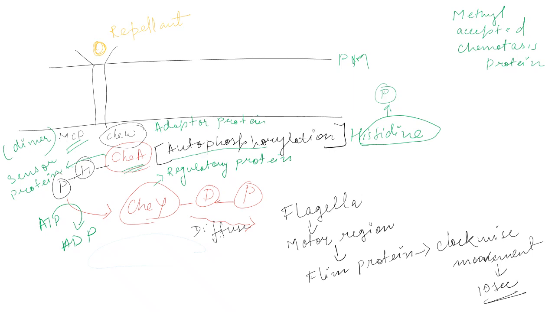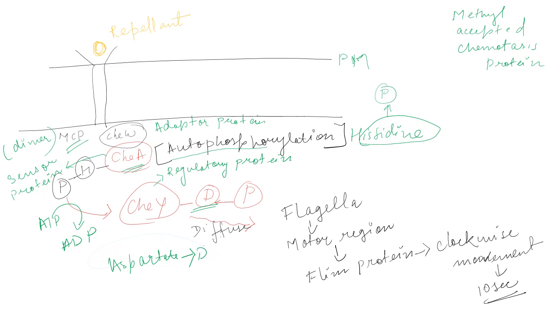Now this CHEY, which is a regulatory protein, has a specific amino acid, that is aspartate. The symbol is D for aspartate.